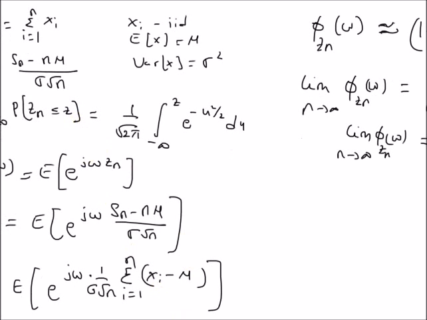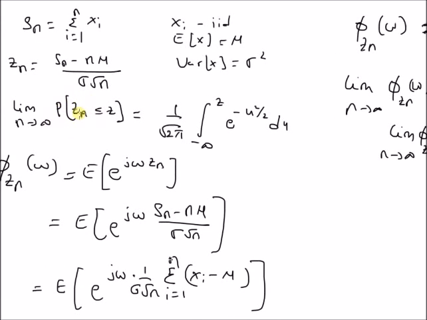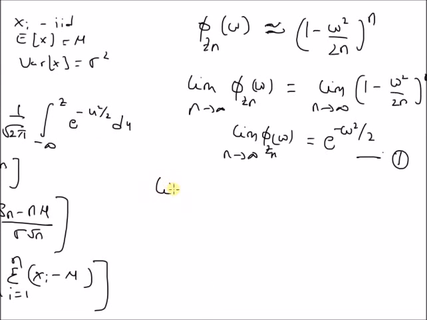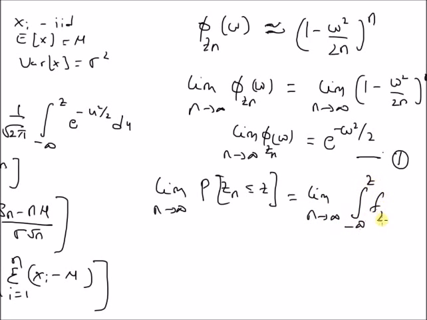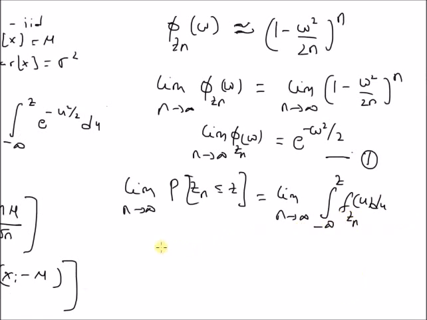Starting with the left hand side, that is the probability definition, we have the limit as n tends to infinity of the probability that Zn is less than or equal to z, which by definition is the limit as n tends to infinity of the integral from minus infinity to z of f Zn of u du. But by definition, f Zn is equal to the inverse Fourier transform of the characteristic function.